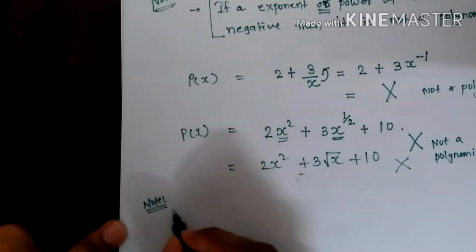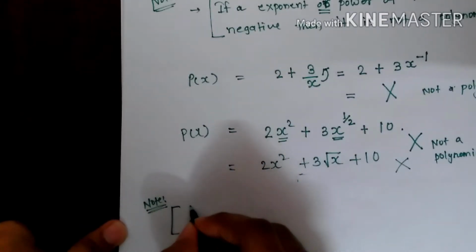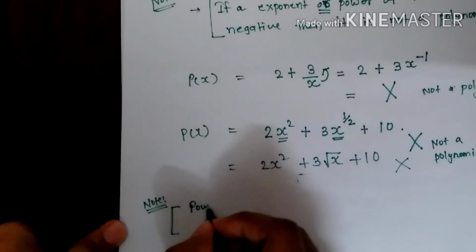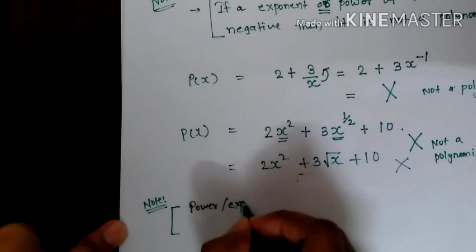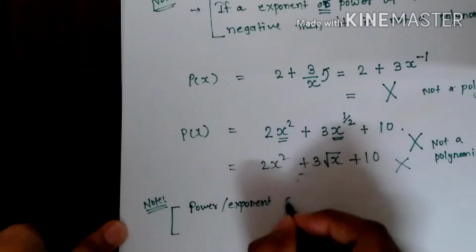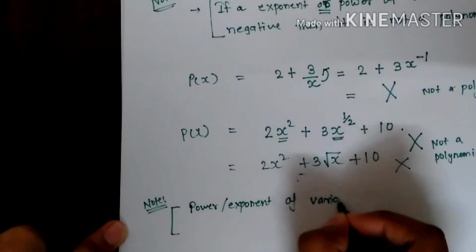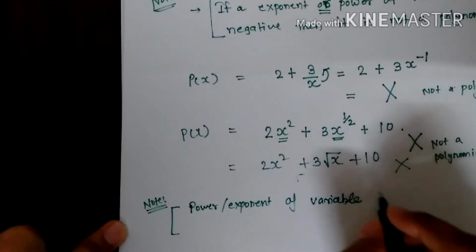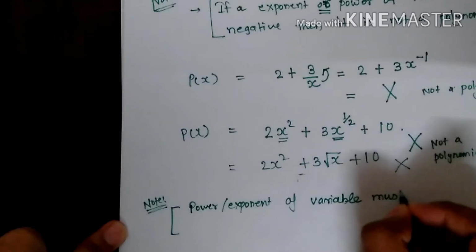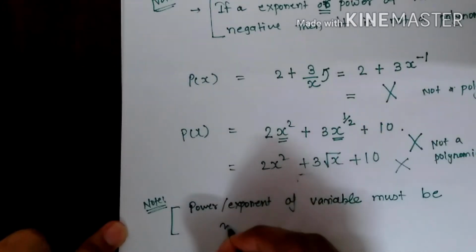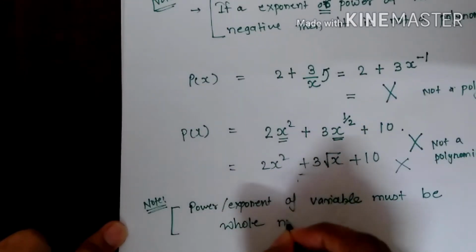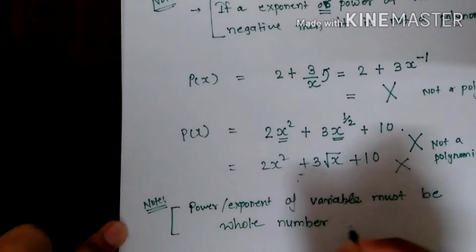So again note down one statement: the power or exponent of the variable must be a whole number only.